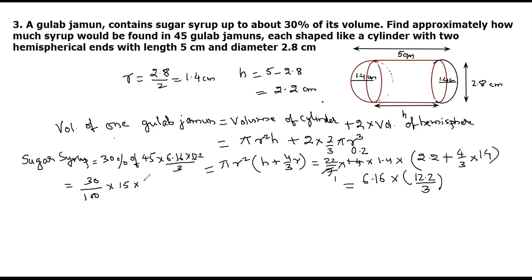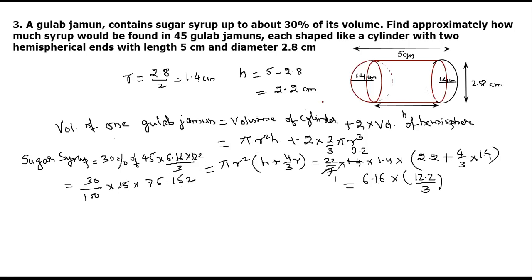Now 6.16, if you want, you can multiply 6.16 into 12.2. So your answer will be about 75.152. And 1 0 is 1 0.